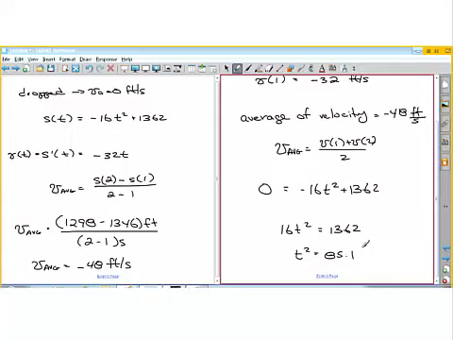Make sure that's right. 1362 feet, and 16 is the coefficient. Something's wrong here. No, that's right.